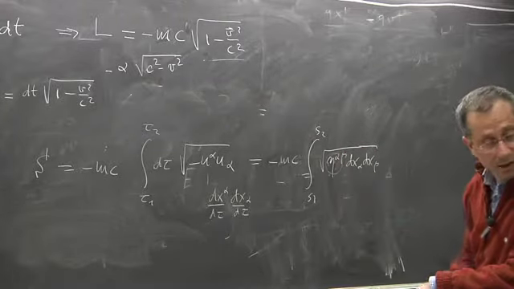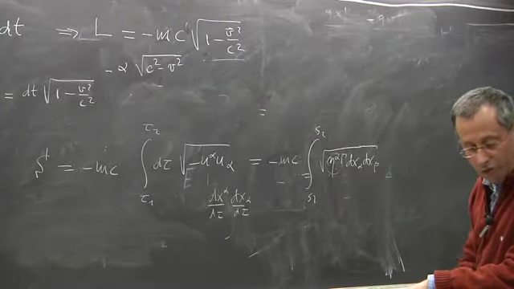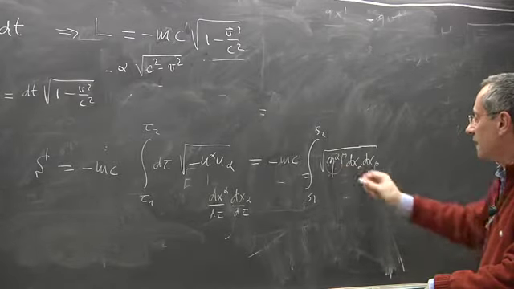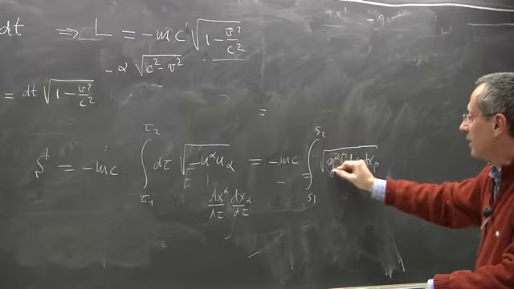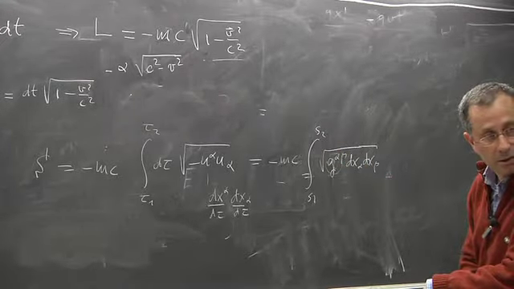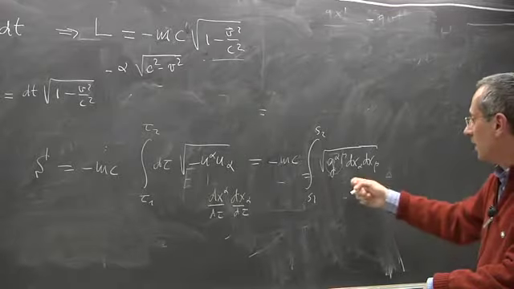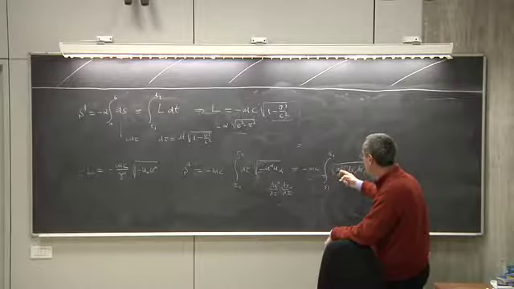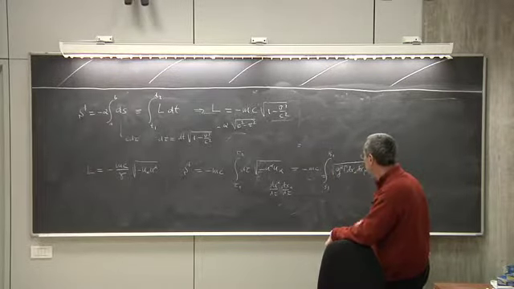Remember, this is the Minkowski metric, but actually this is good for any metric. You could replace here a generic metric, and this would be the action for a free particle on that metric. This is, in a way, the idea of general relativity, that you study the motion of a particle in a generic metric.